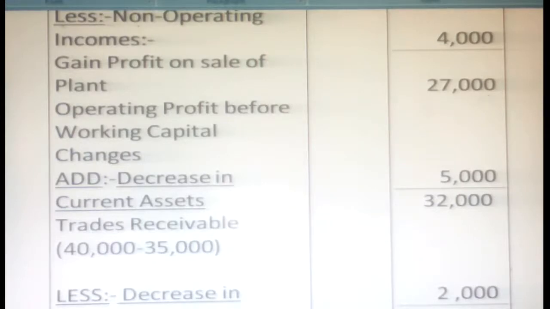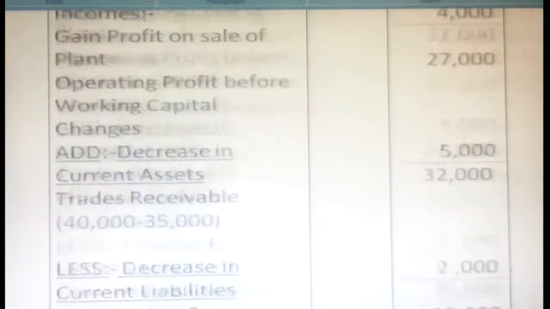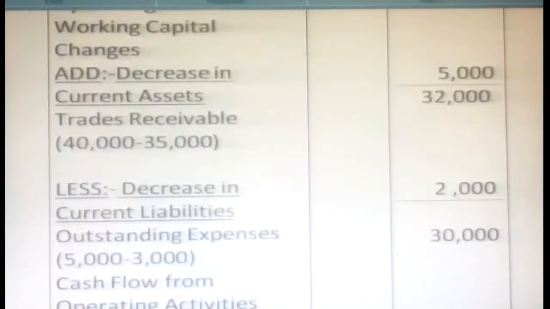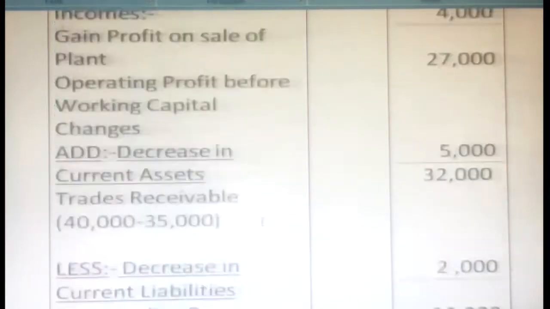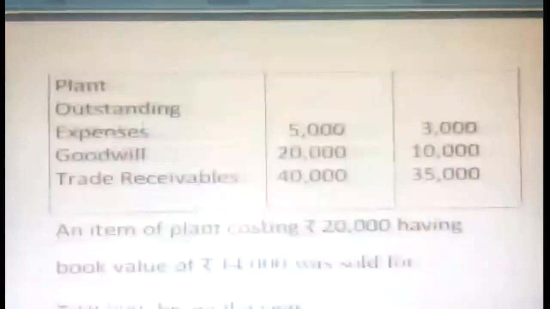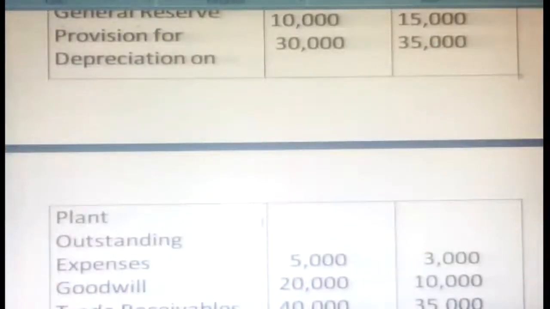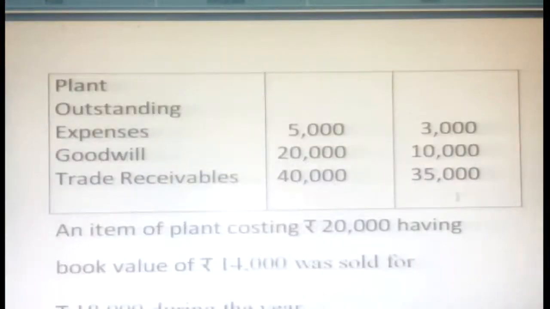Then, as you know, working capital changes. What should be added? Decrease in current assets and increase in current liabilities. Then less: increase in current assets and decrease in current liabilities. Here, see, one second, I'll show you the given. Trade receivable is 35,000 opening balance and 40,000 closing.